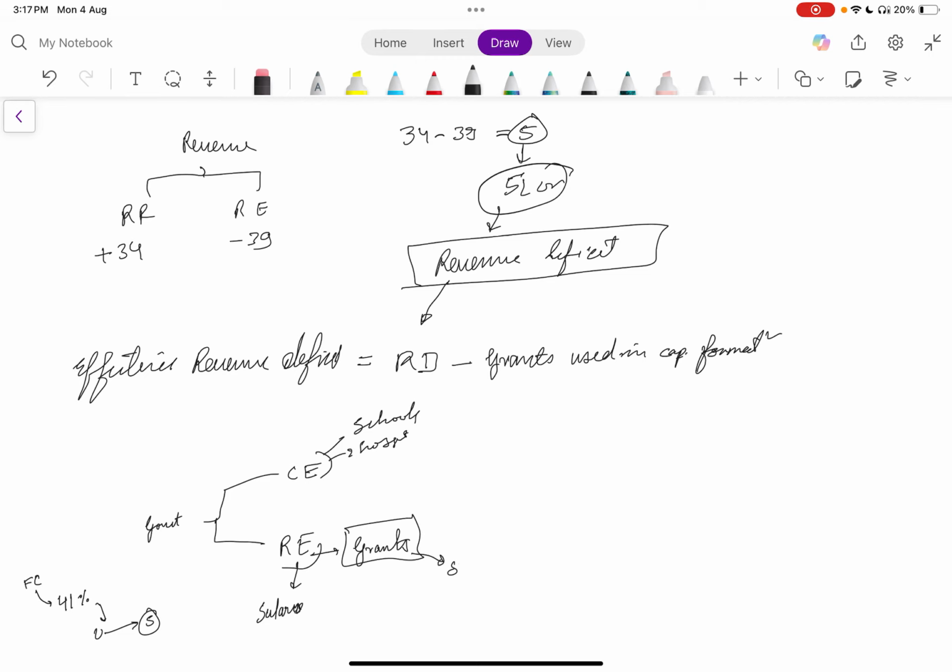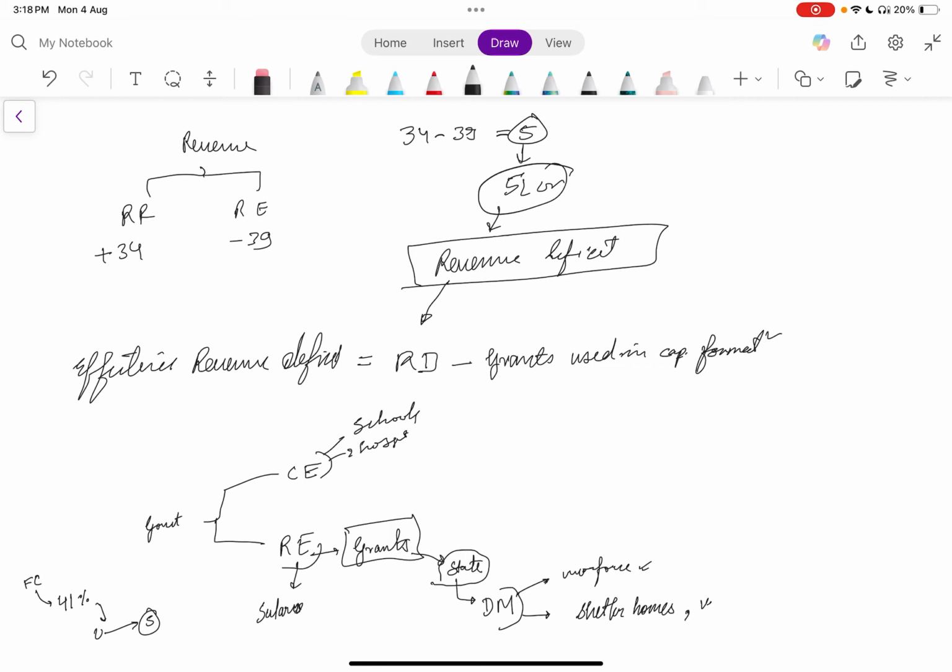But when this grant is given to the state, suppose, taking an example, the state has further devolved this money to the level of panchayat. For example, if the state is working on disaster management, it will employ some workforce which can be used at times of disaster, and it might also build some shelter homes.